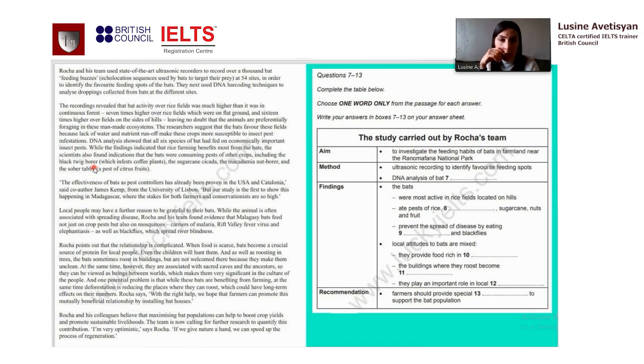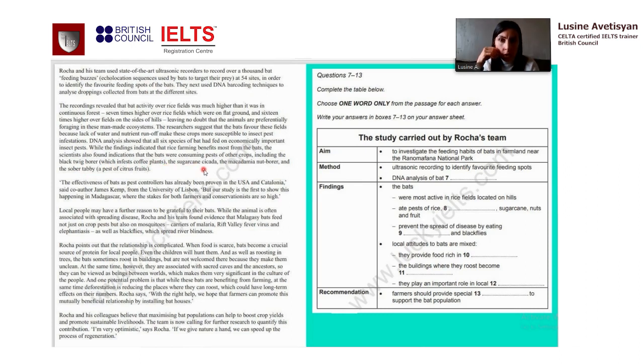I need to find the word. I need to understand the meaning of this, which infests coffee plants. So these are pests which infest coffee plants.